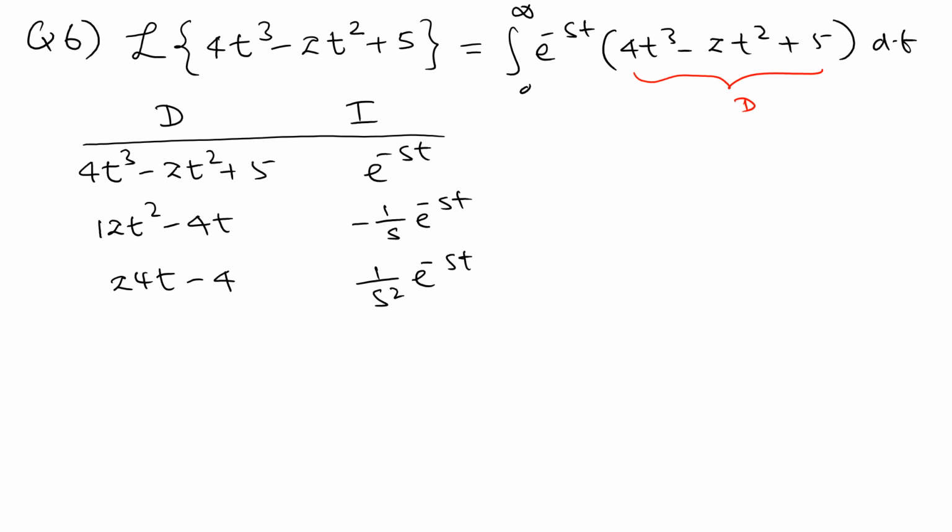If you take the derivative, you get 24 here, and you get negative 1 over s cubed e to the negative st, and you take one more derivative to get a 0, so you get 1 over s to the 4 e to the negative st.